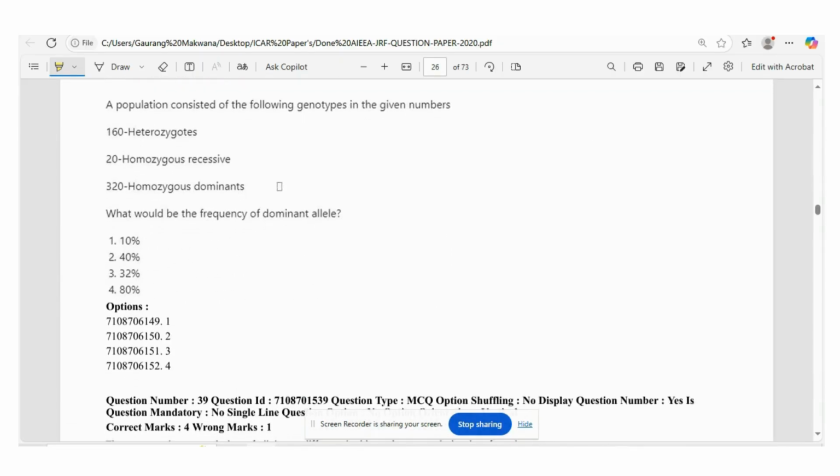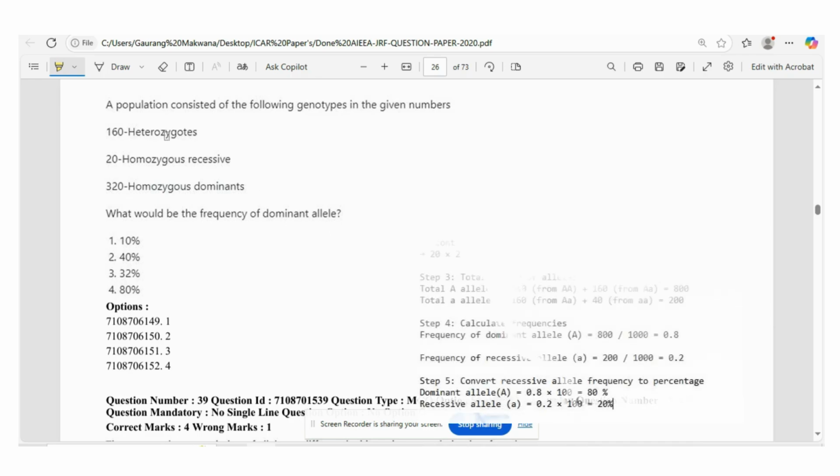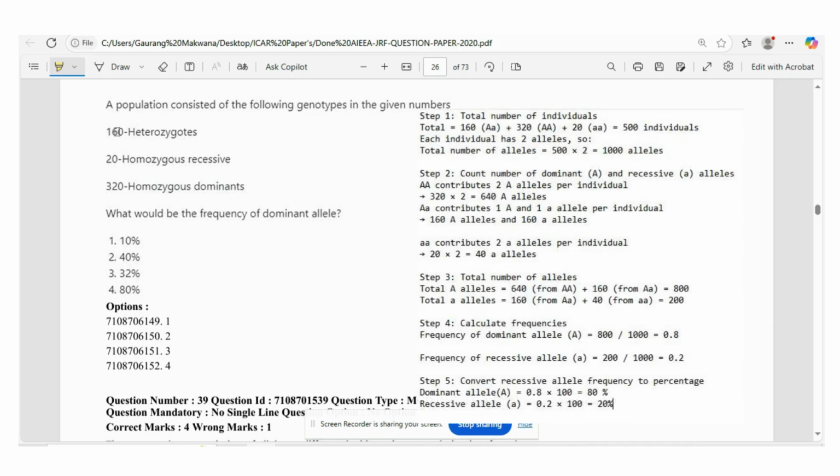Then a population consisted of the following genotypes in given numbers: 160 heterozygous, 20 homozygous recessive, 320 homozygous dominant. What would be the frequency of the dominant allele? So here first we do the total. We have 500 total individuals. Now alleles are 2 each, so 500 into 2 means 1000 alleles.